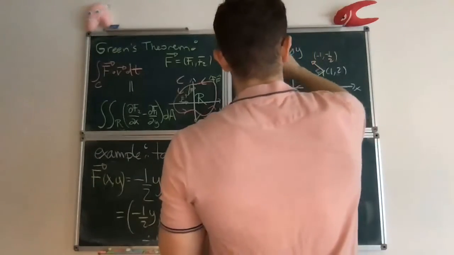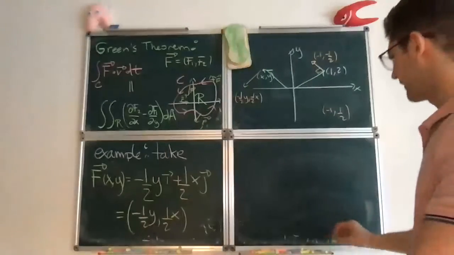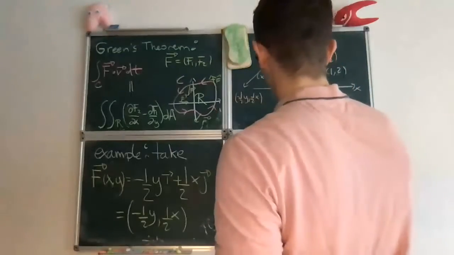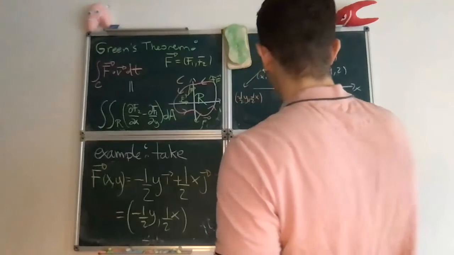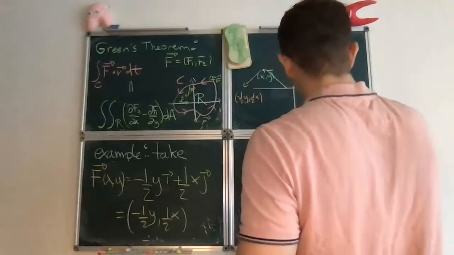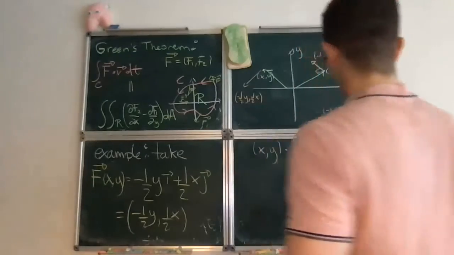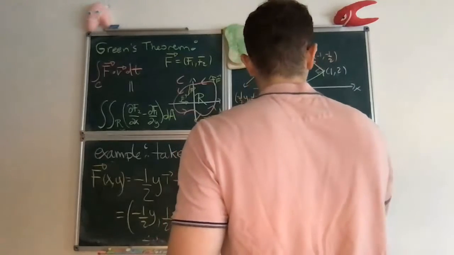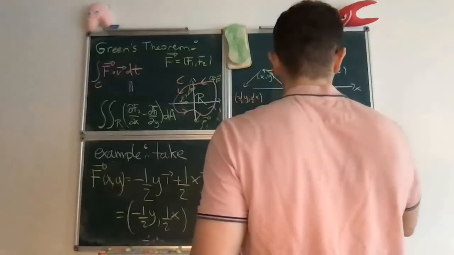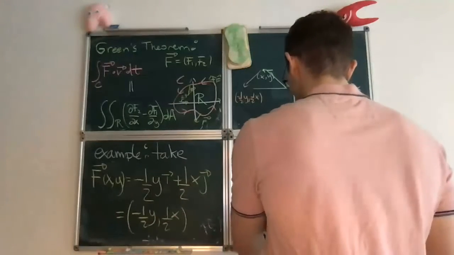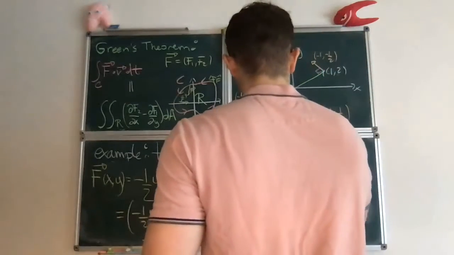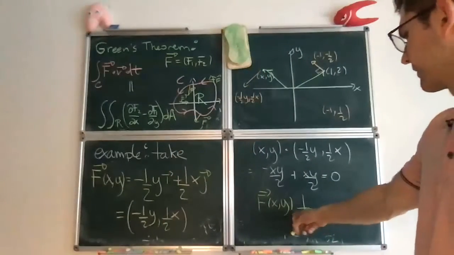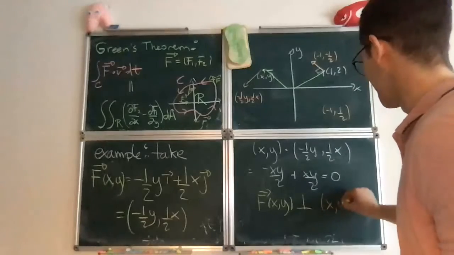And notice the dot product between two vectors. If you want to know if two vectors are perpendicular, you compute their dot product. And if you do the dot product between x y and -1/2 y and 1/2 x, then you get minus xy over 2 plus xy over 2, and that's 0. So this f of x y is always perpendicular, it makes a 90-degree angle with the position vector x y.